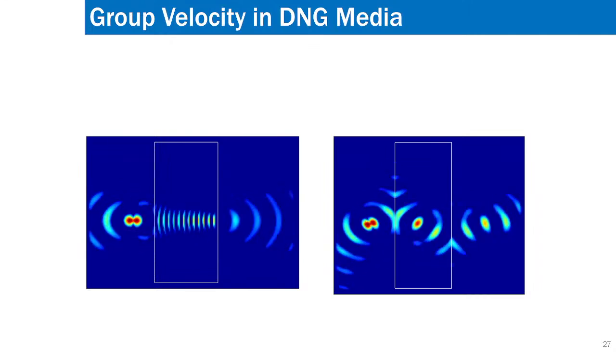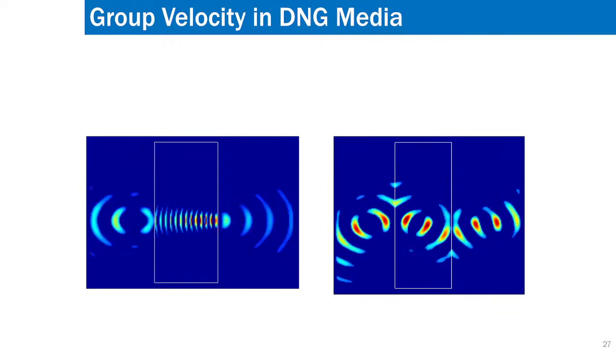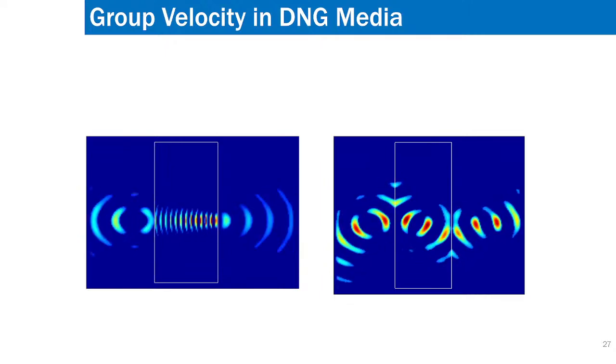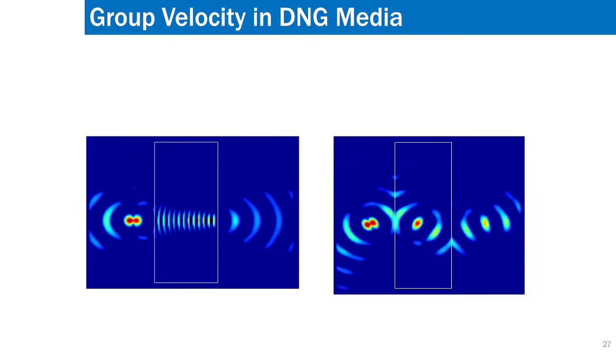But inside the material, you can see the energy is propagating from left to right, whereas the phase velocity is propagating from right to left on the left hand side. On the right hand side, you can see how the refraction occurs.